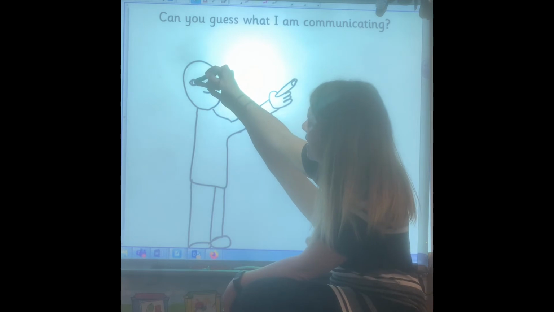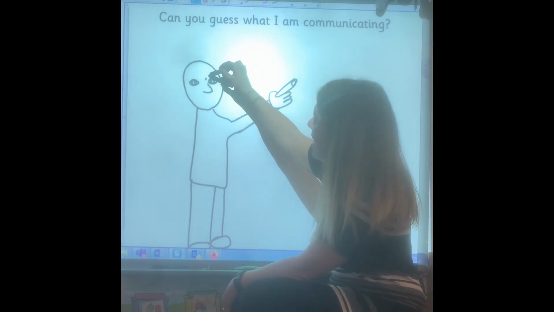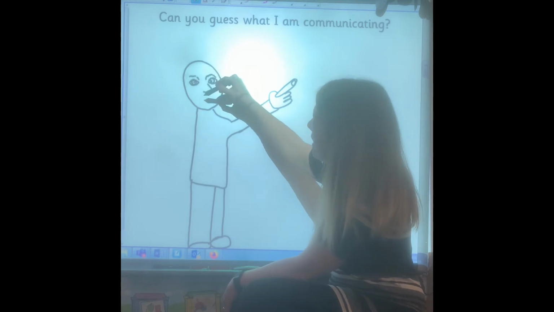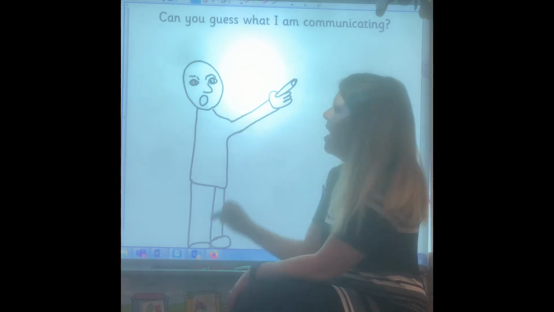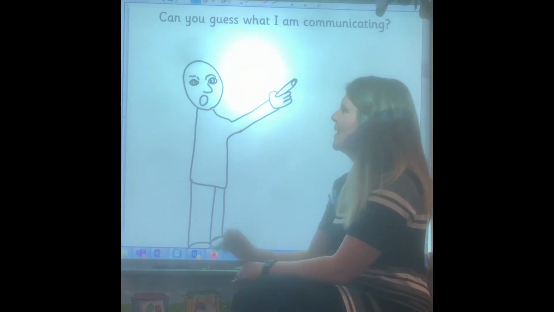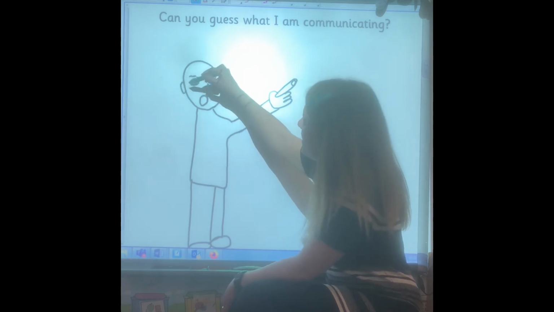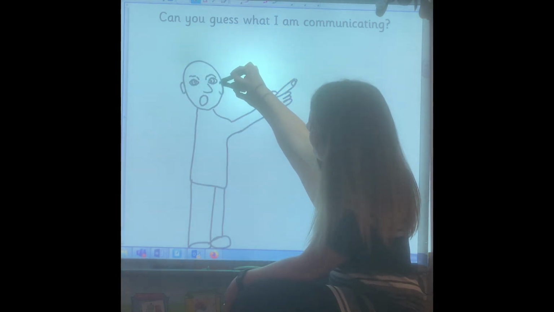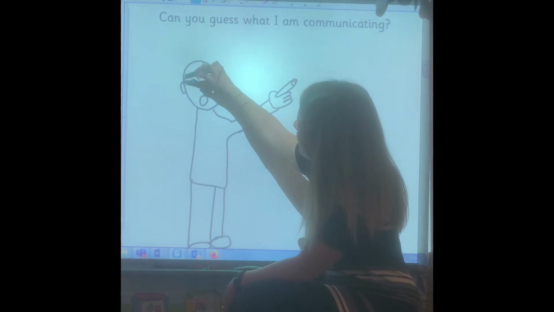Lots of parts to our eyes, and some eyebrows, and I think I'm going to have a shocked face. I've got my mouth open. Wonder what I'm pointing at. Do you know? I'll need to have two ears and some hair as well.